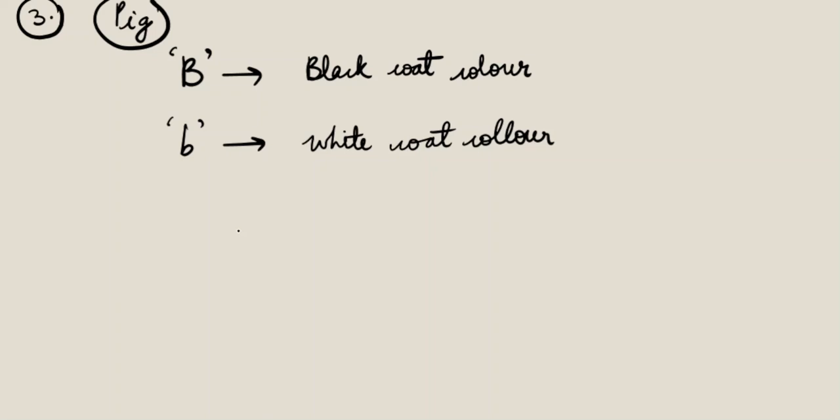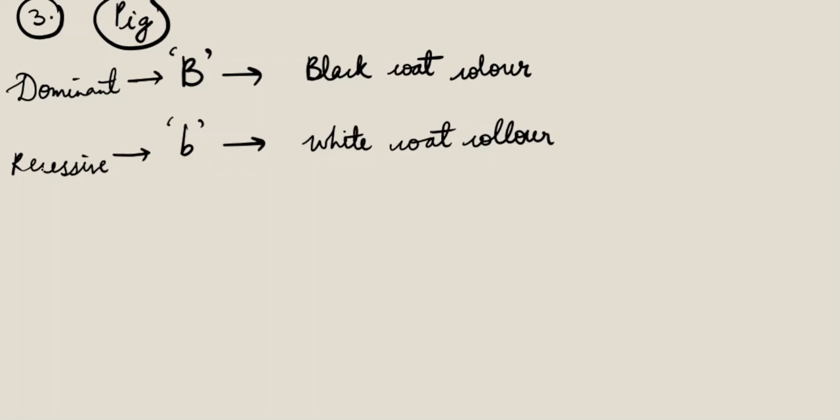So they have already mentioned in the question that this capital B is dominant, and they have also mentioned that this small b is recessive. Now what the question is saying further: what will be the probable genotype of offspring when a cross is made between individuals heterozygous for the color?